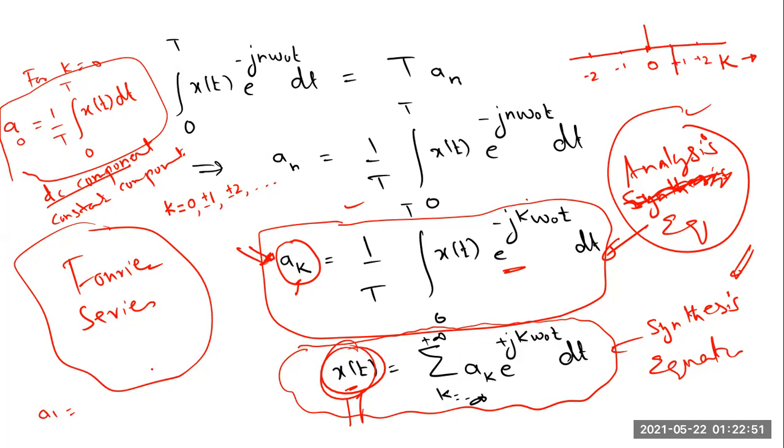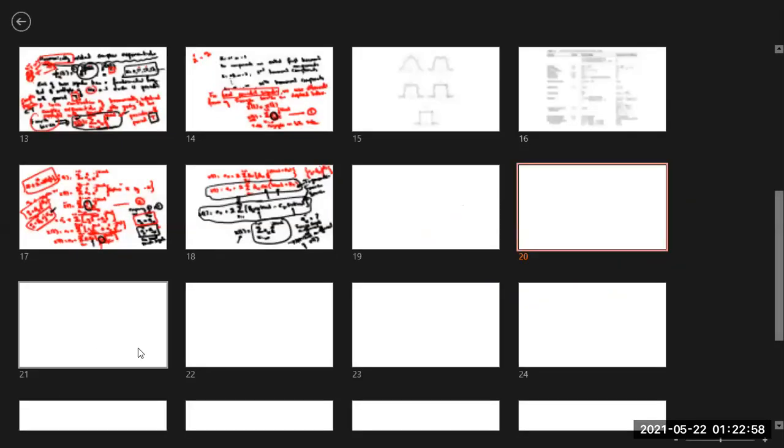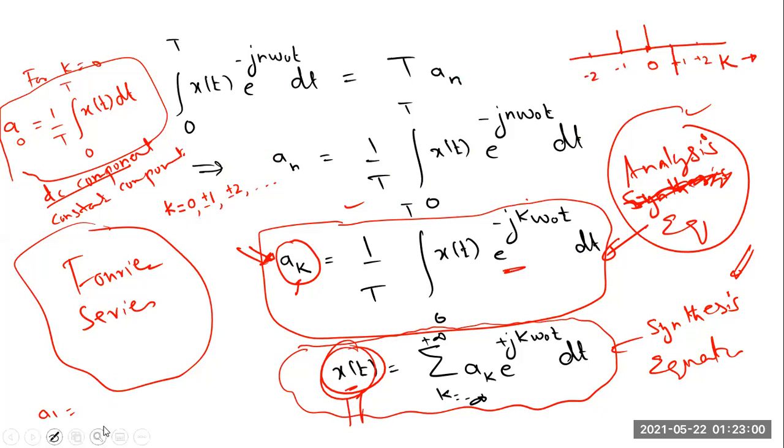And you may get some value for a minus 1 as well. It's also possible that for some number, maybe for k equal to 2, the value comes out to be equal to 0, then you will not draw any line over here. It means there will be nothing at this point. So when you plot this, this is what we call a line spectrum.